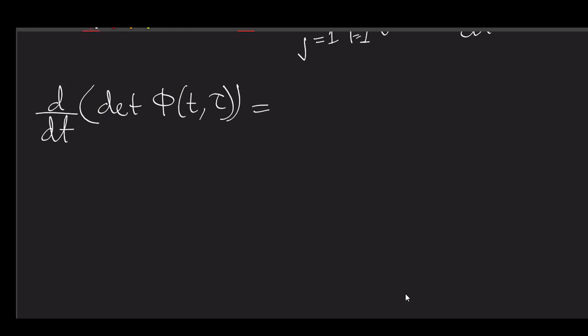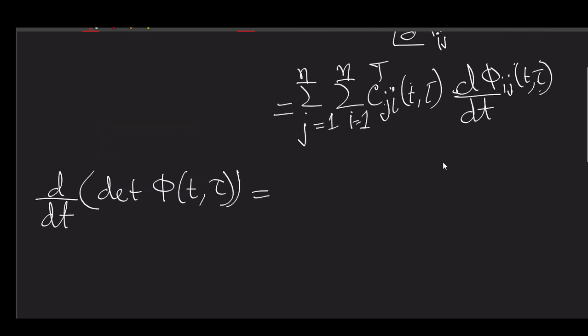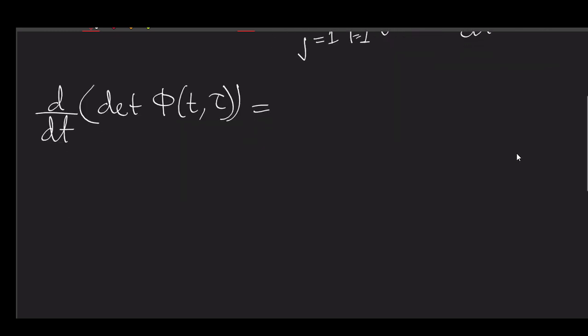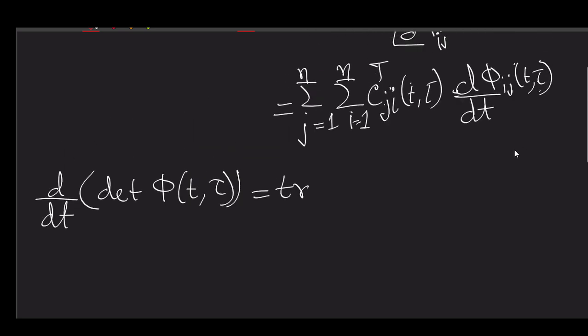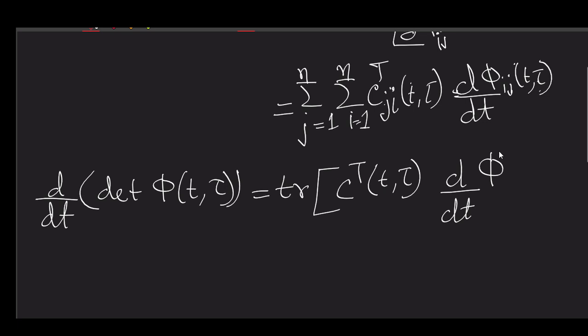this d/dt is equal to what we can write, from this line it is equal to the trace of C transpose(t, tau) d/dt phi(t, tau), right?